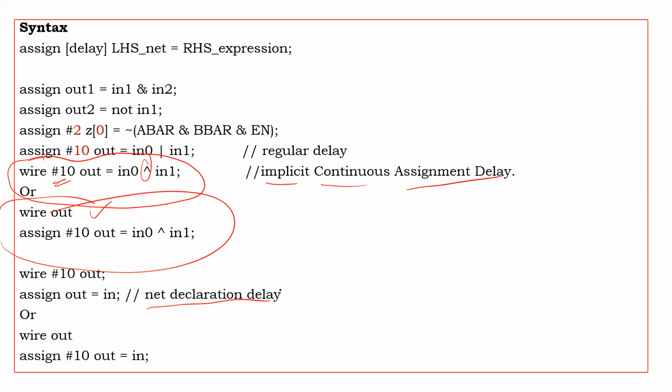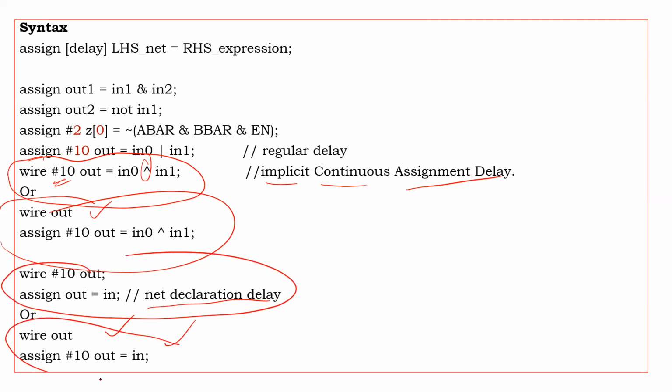This can be written like this: wire out, then assign #10 out. Both will give the same results. There is no difference in the output. These two statements produce the same output, so both are functionally equal.